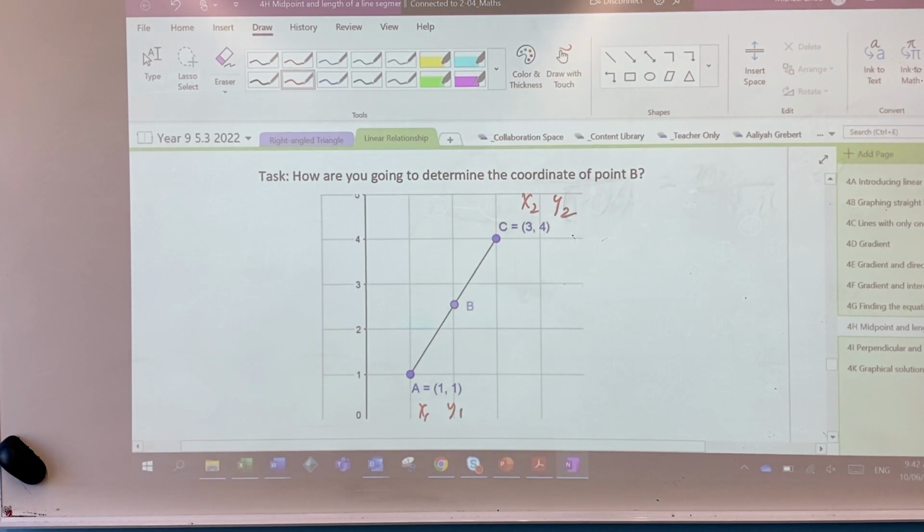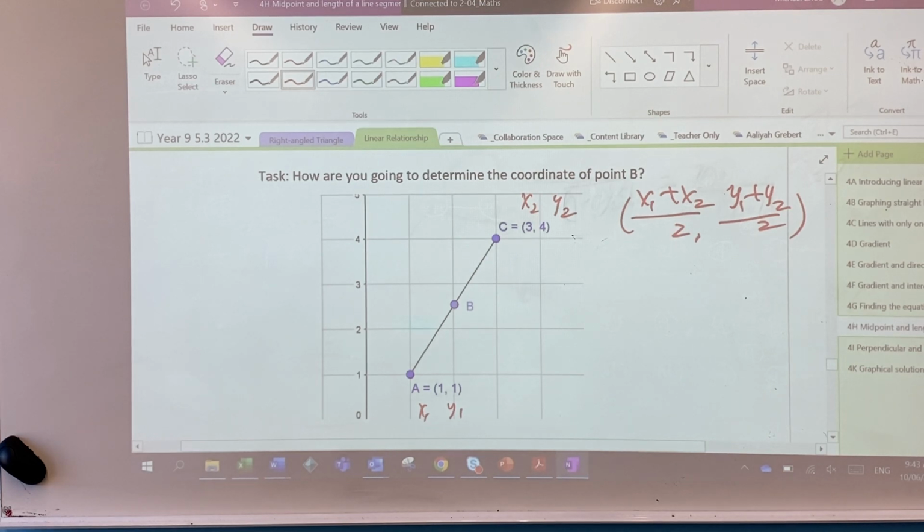The middle point of the x coordinate is x1 plus x2, halved. The middle point of the y coordinate is y1 plus y2, halved. Then you're done. Nothing magical, right? All I'm doing is finding the exactly halfway point.